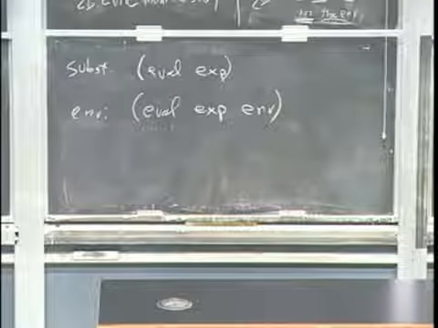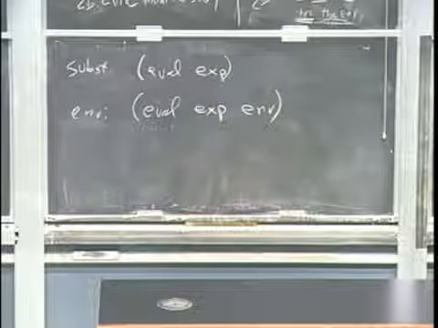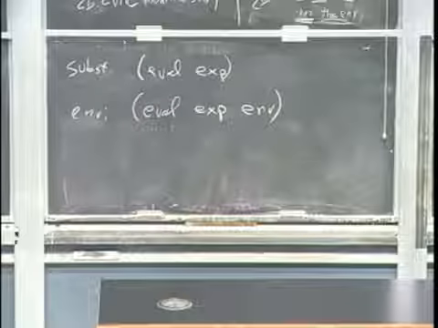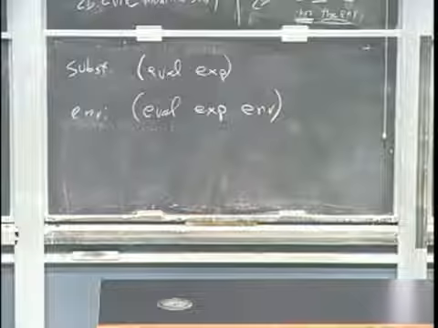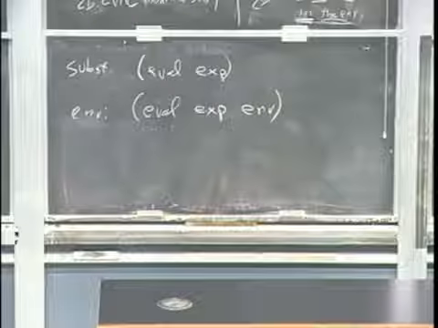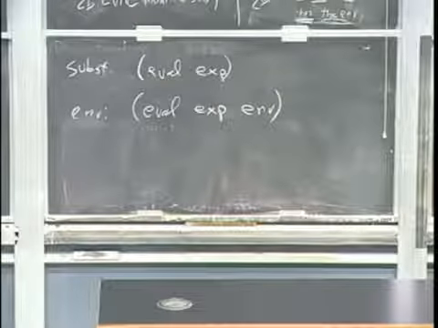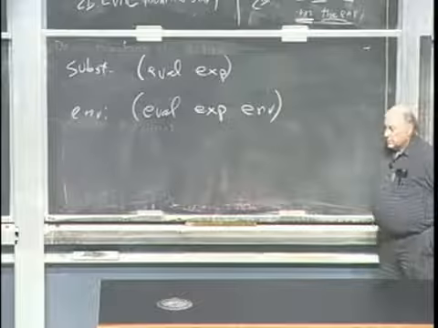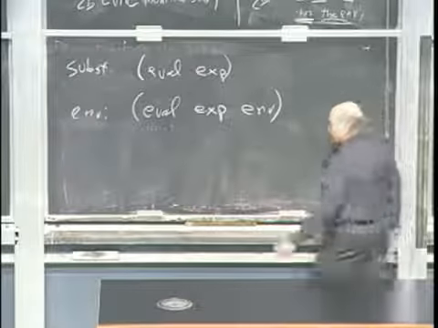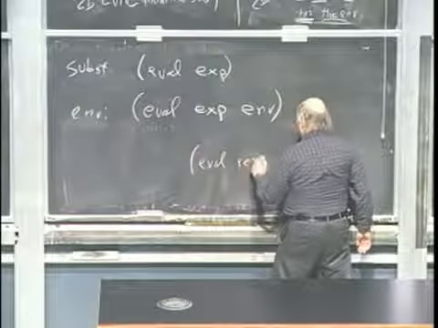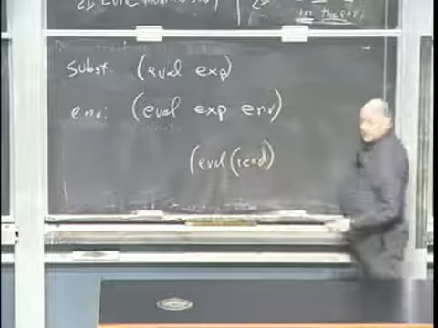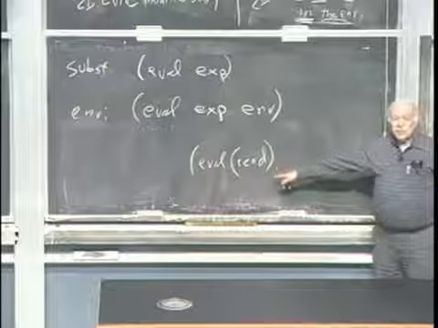Okay. So that means, for example, that we have to change the read eval print loop so that when you type in an expression, it says eval, call to read. So this is the expression that you typed in.